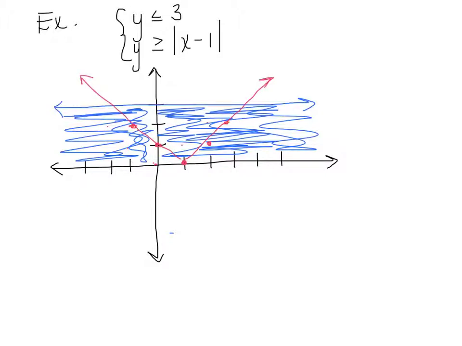And since it says greater, it will be everything inside the V. But notice only where the colors mix will be a solution. And notice I'm staying below 3 because that's the first inequality's requirement. And then there you have it.